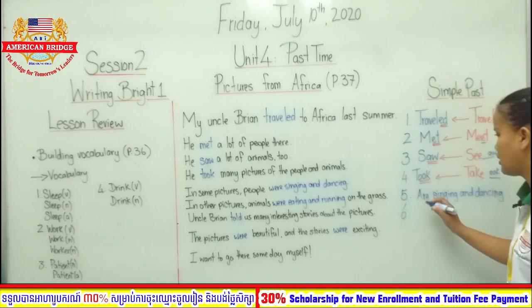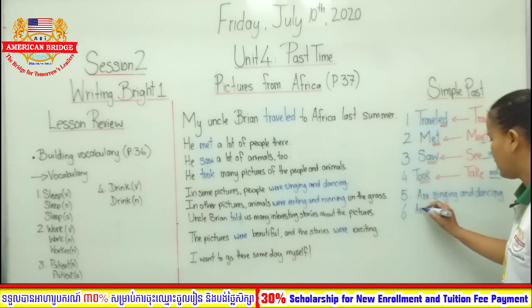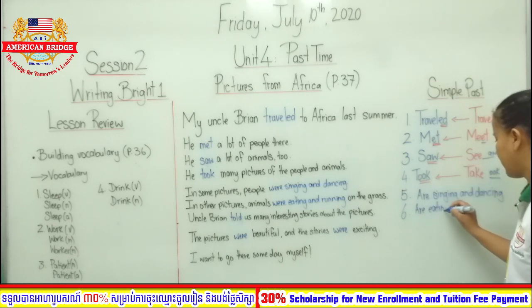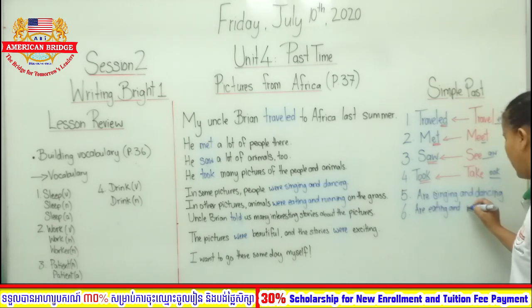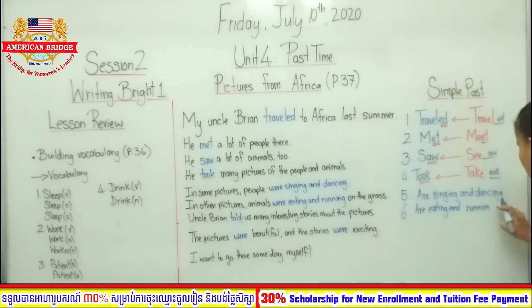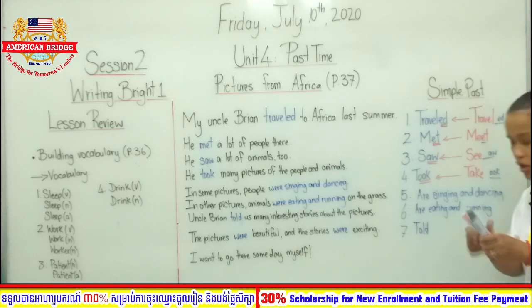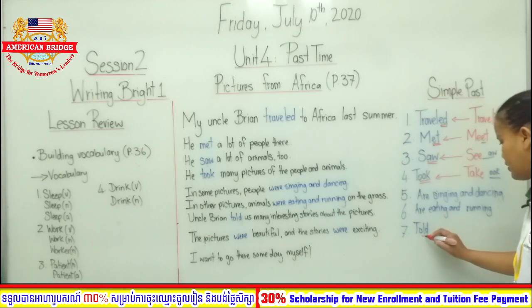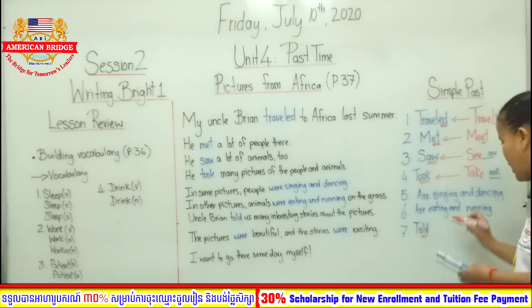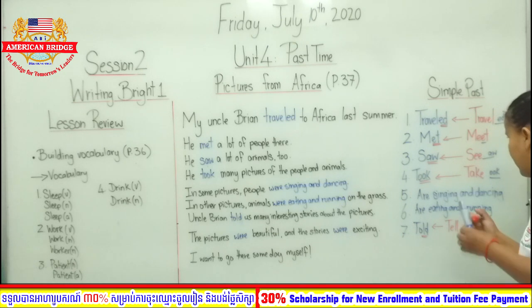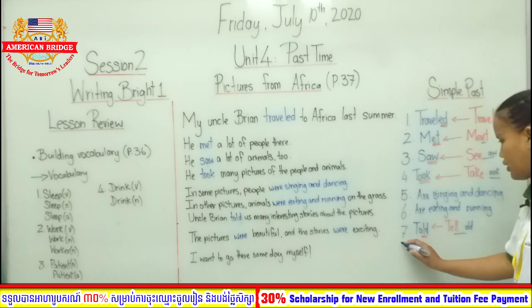Number 6, eating and running. Number 7, told. Told becomes tell. See? Number 8, were.